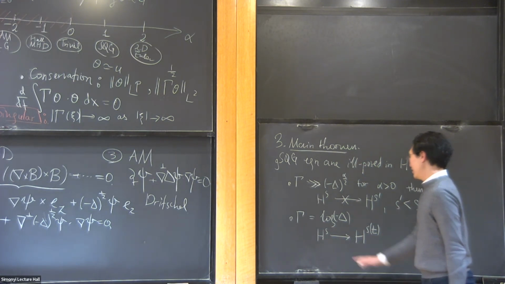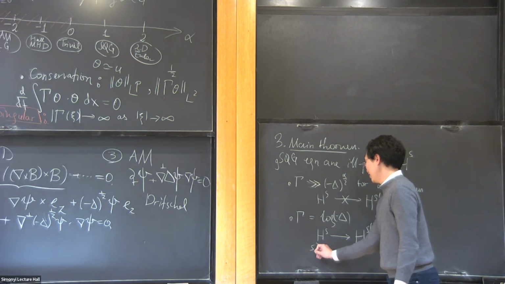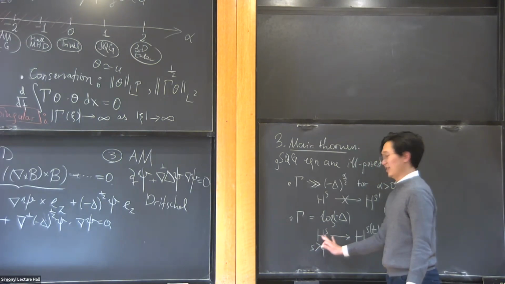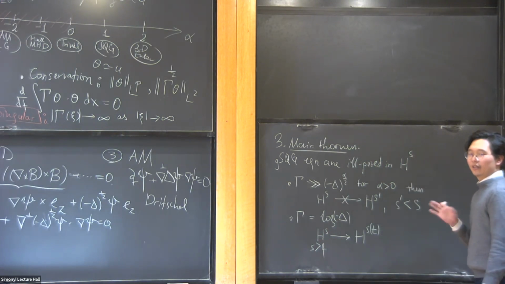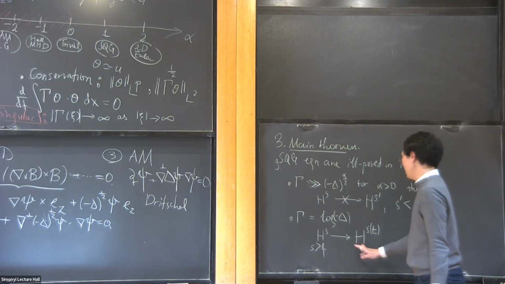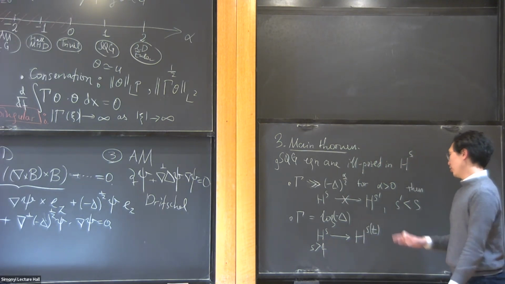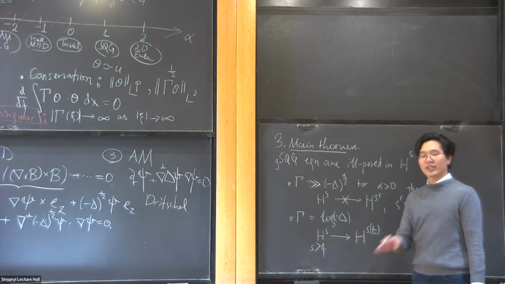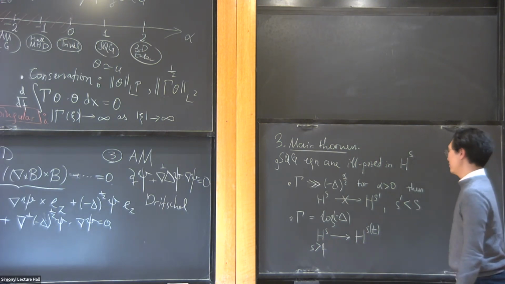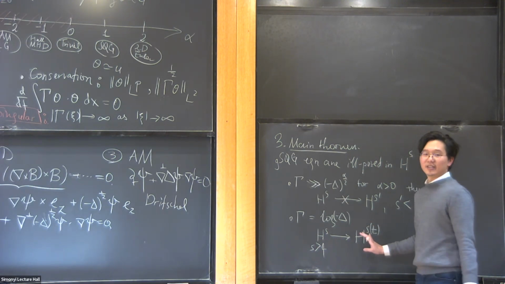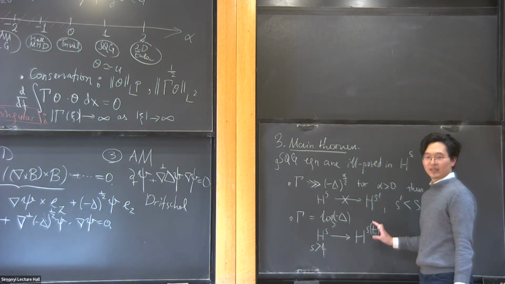So if s is sufficiently large initially, so this is initial data, and if you demand your solution to be in a Sobolev space with exponent decreasing with time, then there is uniqueness and existence in this function class.